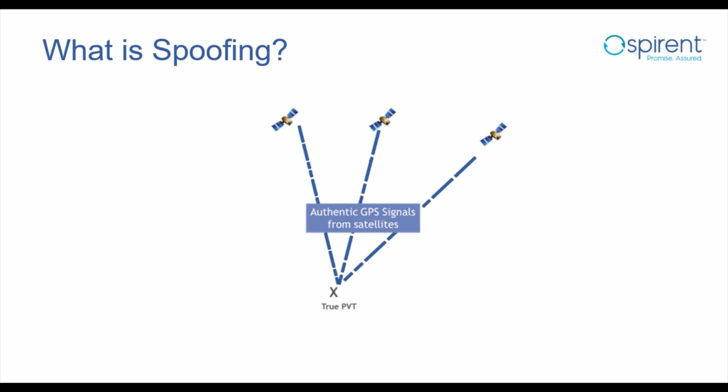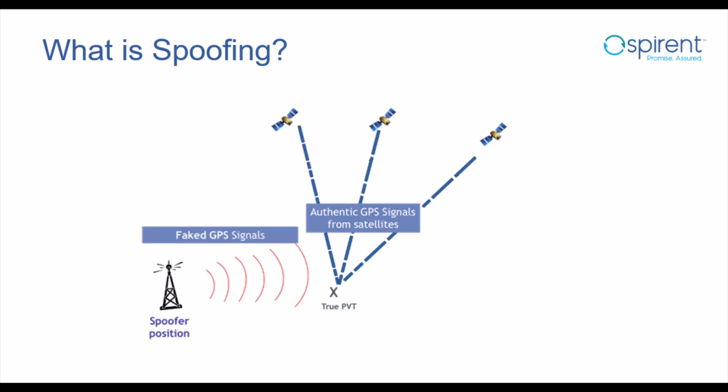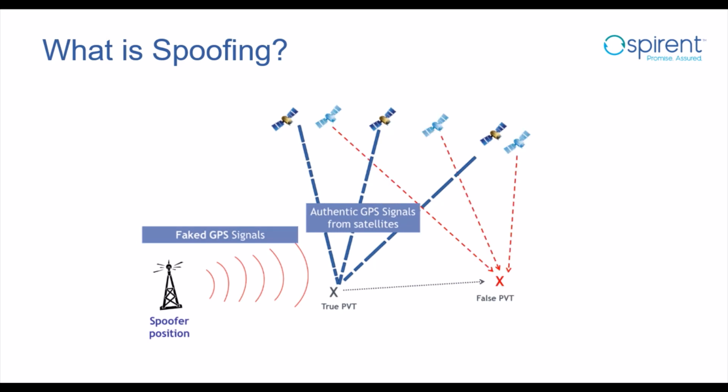What a spoofer attempts to do is confuse your device and make it think that it is somewhere else or at some other time, so that your device is not able to compute its true position. The spoofer transmitter generates signals that contain information about fake satellites in the sky or fake navigation information about the satellites that are currently being navigated from by your device.